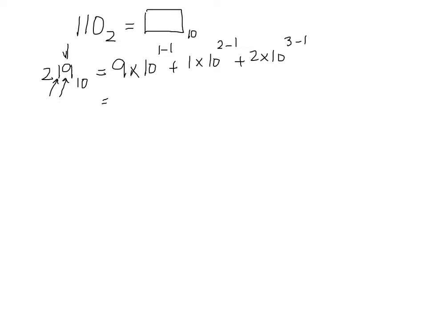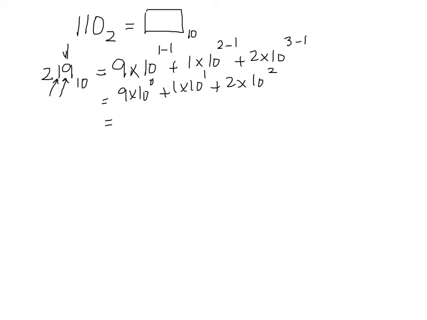Now, 10 exponent 1 minus 1 is 10 exponent 0. So this is 10 exponent 0, plus 1 times 10 exponent 1, plus 2 times 10 exponent 2. Now, you remember from your math, 10 exponent 0 is 1. Any number exponent 0 is 1.